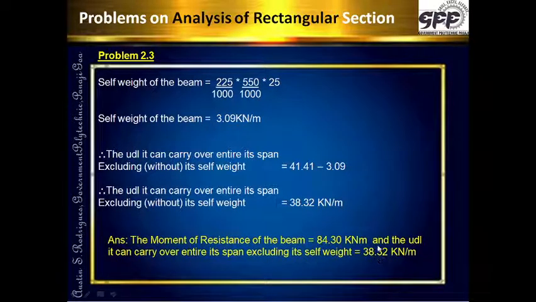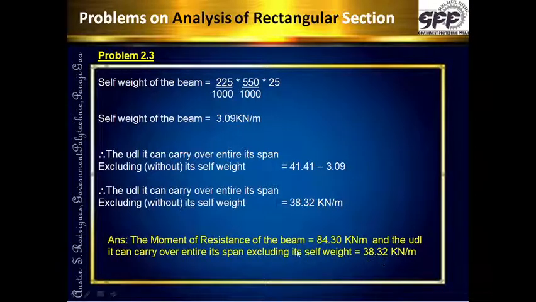No, because then the UDL it can carry, excluding self weight, would be larger than 38.32. The overall loading W of the UDL will be more than 41.41. The beam could fail. So please note, if we have to round this off, it has to always be rounded off on the lower side.